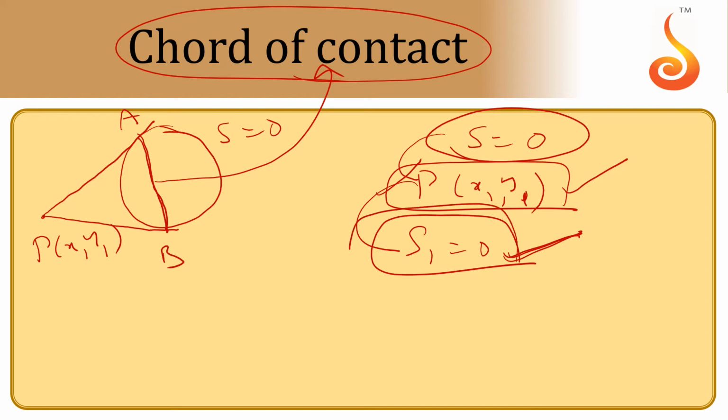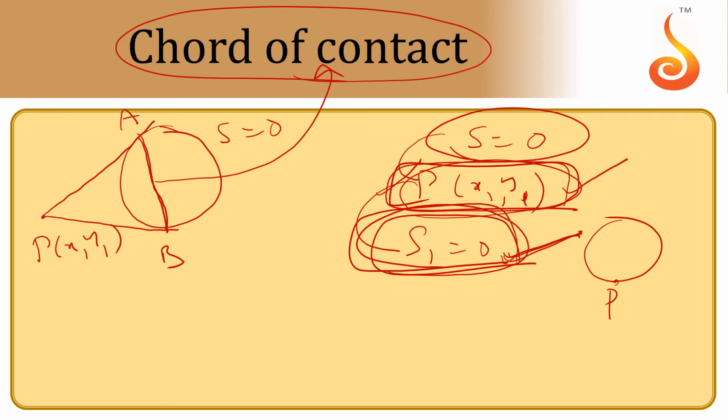See, this straight line we will name according to the position of the point. If the circle is given and the point P is on the circle, S1 equal to 0, as we told, is a straight line and it will be a tangent. If it lies outside, the same S1 equal to 0 is the chord of contact.